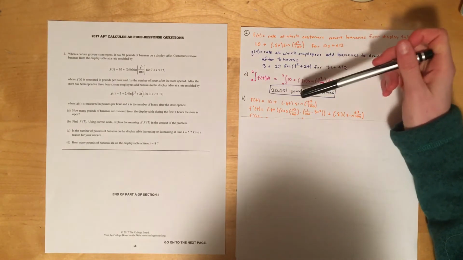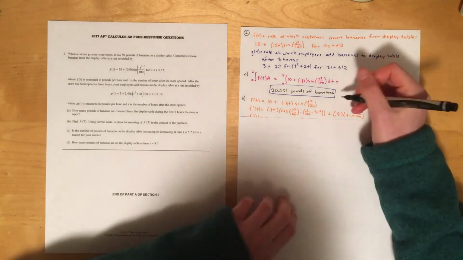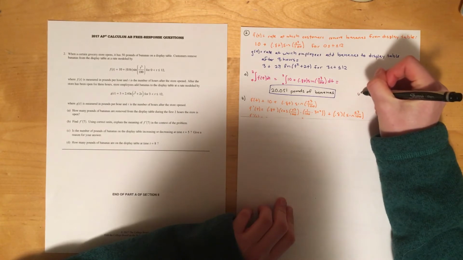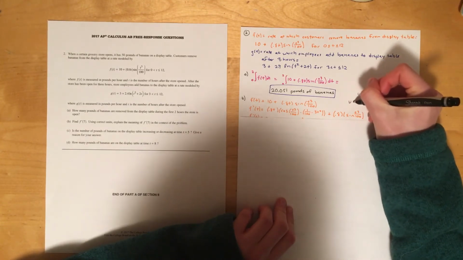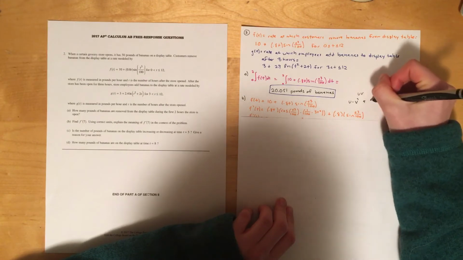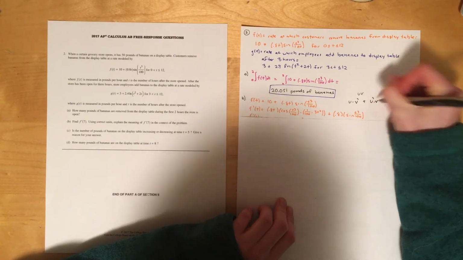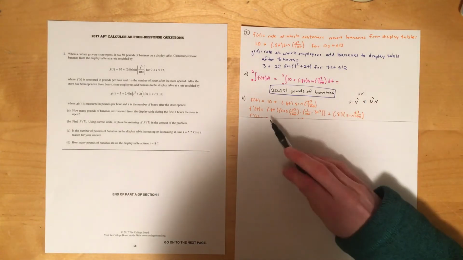And so to find the derivative of u times v, you go u times v prime plus u prime times v. So that's exactly what I did.